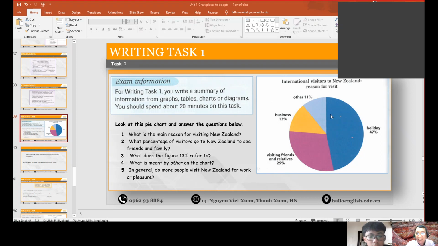Using and interpreting the graph, once you know how to analyze, you know how to interpret. But if you don't know how to analyze and you don't know how to interpret, you are going to use so much of your time thinking of what you're going to do.